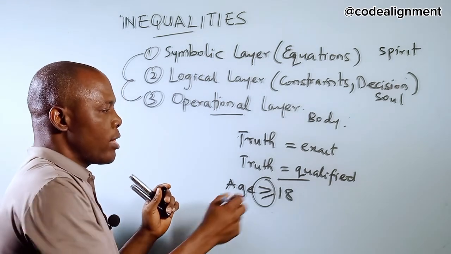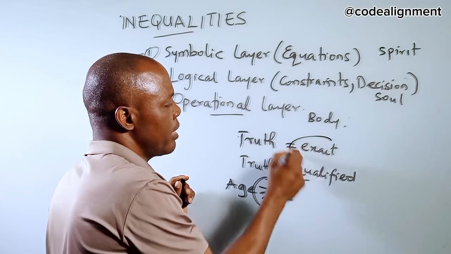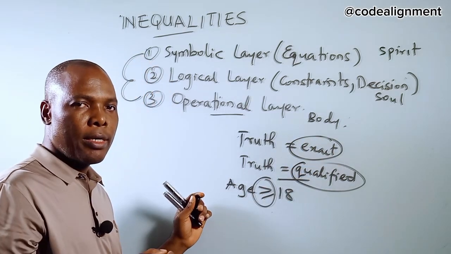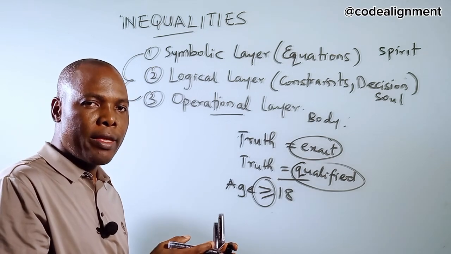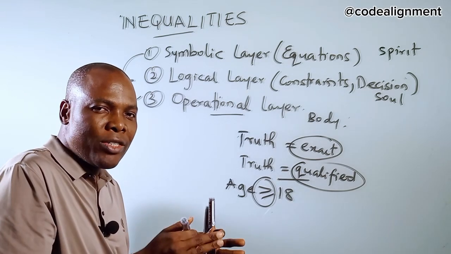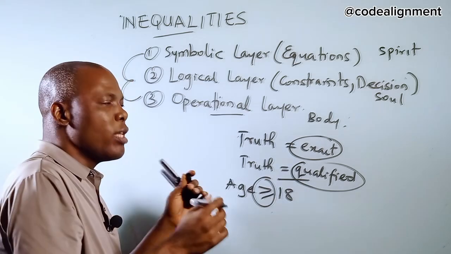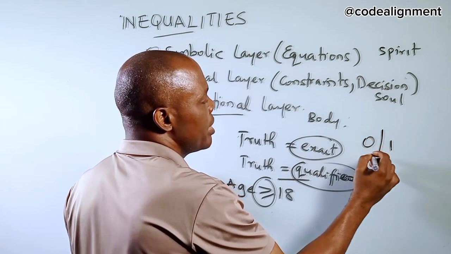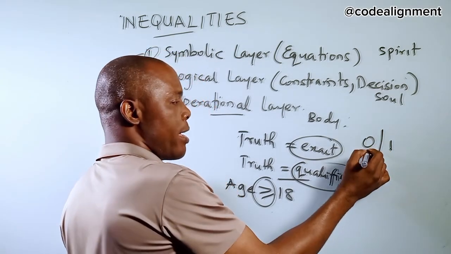So machine cannot function in the realm of exact. Machine functions in the realm of qualified. Does this thing qualify? So we are not necessarily looking at the exact. So if you go by law, law is 0 and 1, meaning you are here or you are here.